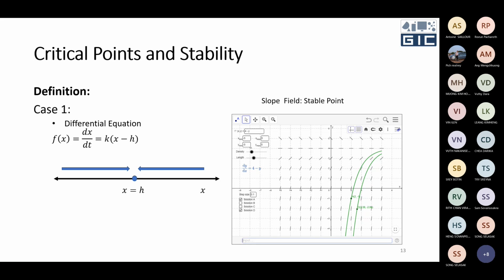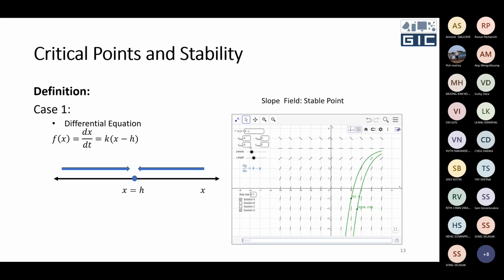If our h here is a positive constant, then our phase diagram here is incorrect because the arrows contrast with each other. But if our h here is negative, then our phase diagram here is correct.